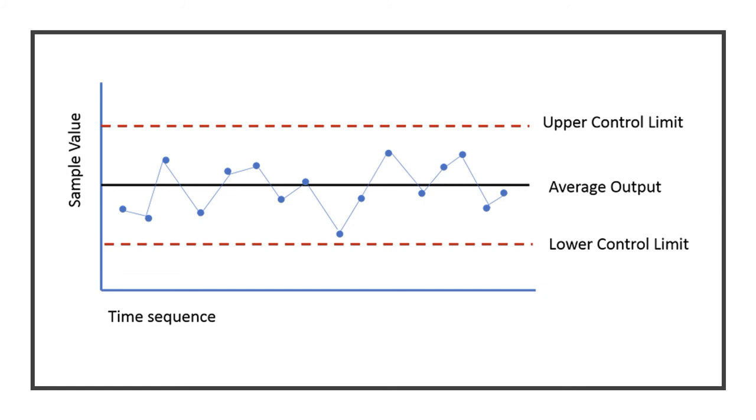From the term itself, control chart, we want to control a certain process, a certain output, a certain input, to check and control what we can do if we go beyond this.